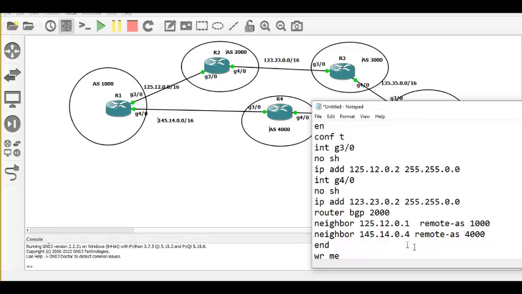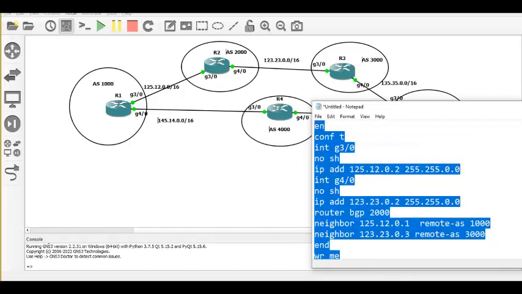Another neighbor is 123.23.3. This is the address of router 3. This is going to be 3000. That's all. There is nothing more to configure.